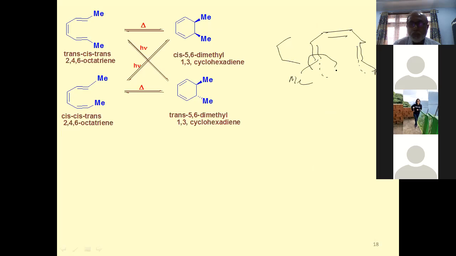Con means what? So now if it is photochemical, rotation has to be con. If it is con, both will be same side rotation. So our product is going to be what? So what is happening if I rotate it like this? What happened to this methyl? Methyl will go up. Yes or no?